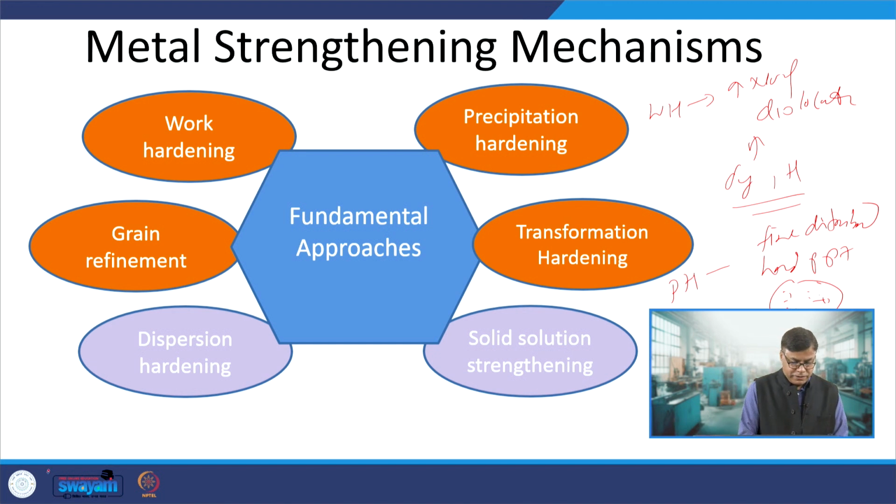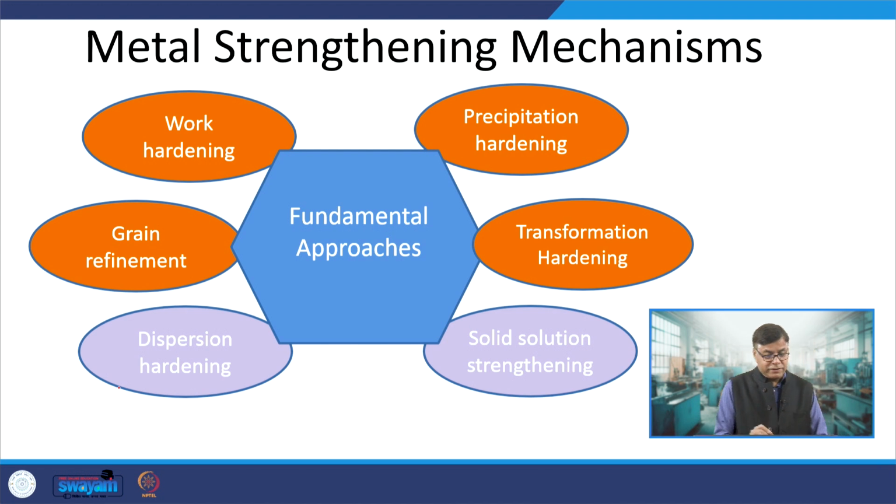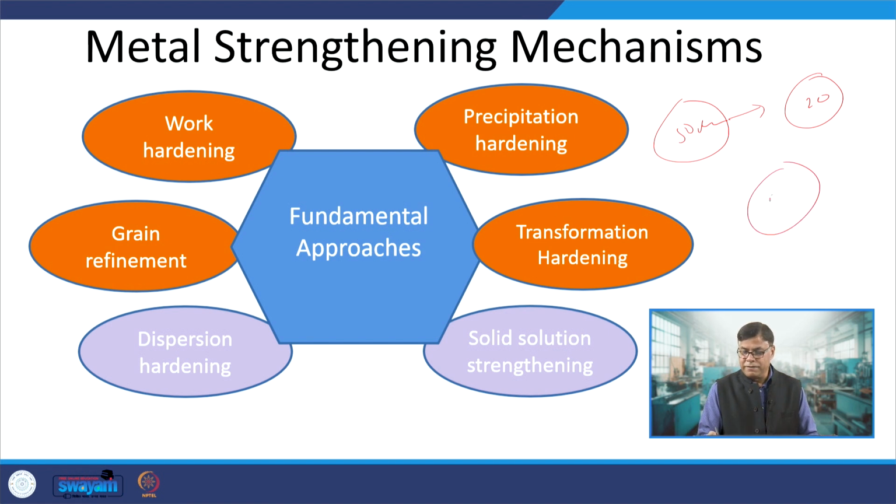Now, if we talk of grain refinement, the effect of grain refinement on the properties is relatively less, but for most metals, if it is of 50 micrometer grain size and it is refined to 20, there will be an increase in strength and hardness, and if it is further refined to 5 micron size, then it will further increase the strength and hardness.